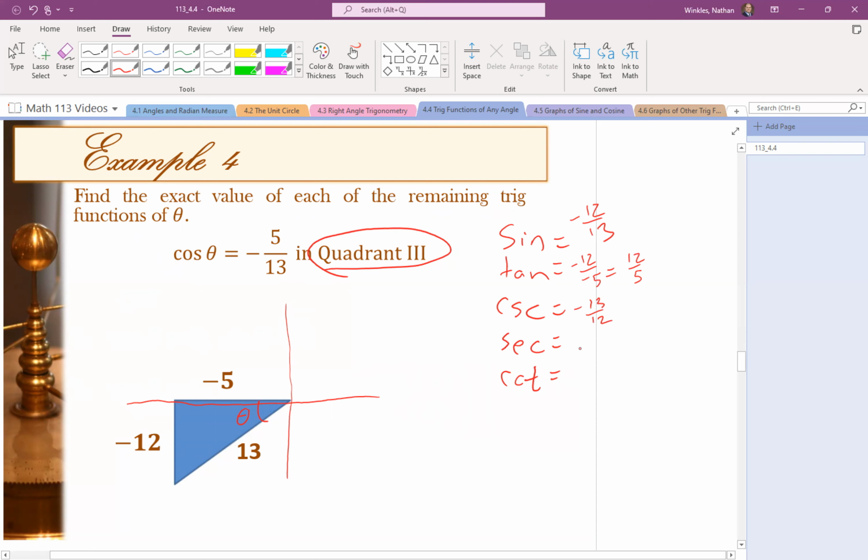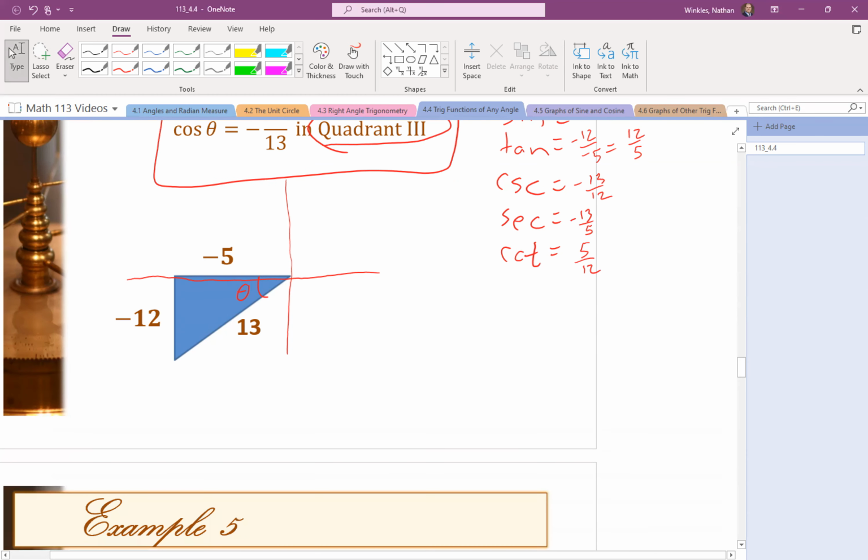Secant is 1 over cosine, which is negative 13 over 5. Cotangent is 1 over tangent, which is just going to be 5 over 12. So it's all a matter of first identifying where this statement is true, and then we can work from there.